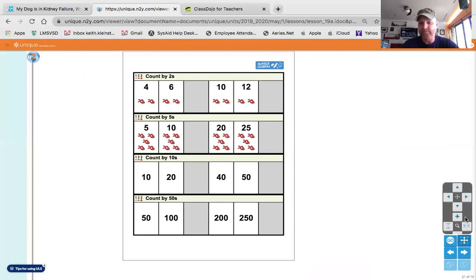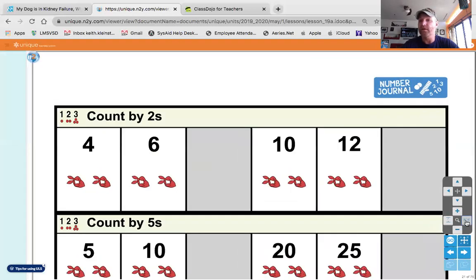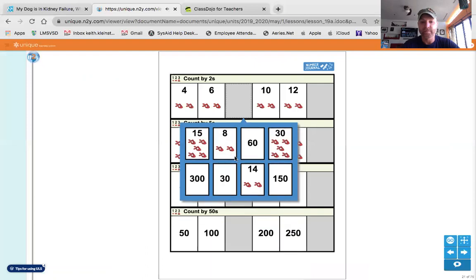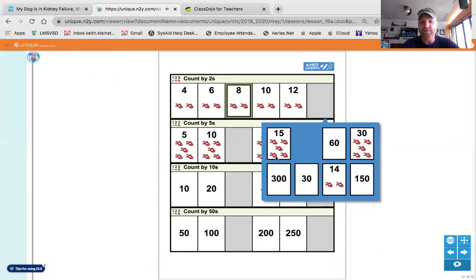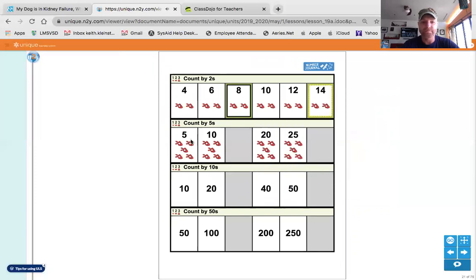Okay. This is a long lesson, so if you need to pause it and come back to it, please do, like with all the lessons. So we're going to count by 2s. We got 4, 6, got to find the next thing. Counting by 2s, that would be 8, then we go to 10, 12, ooh, after 12, 14.